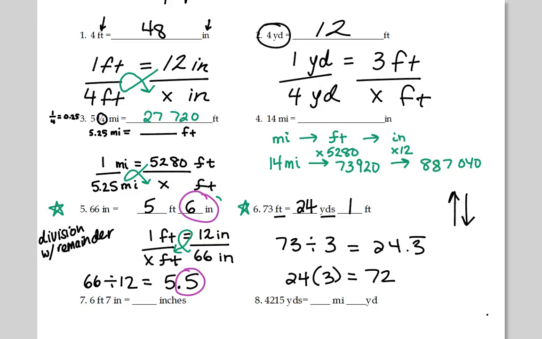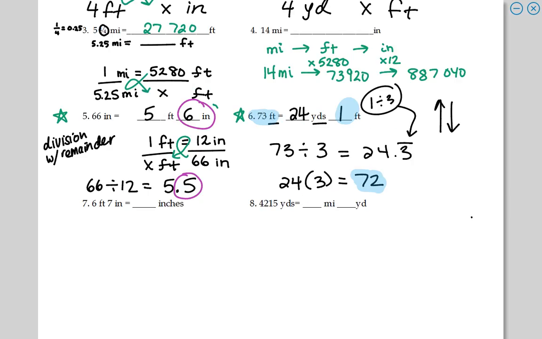Because why? 72 is less than 73 by 1. You need to know how many perfect groups and then what's the leftover. That's division with remainder. And then if you do 1 divided by 3, what do you get? That's this 0.33333333333.